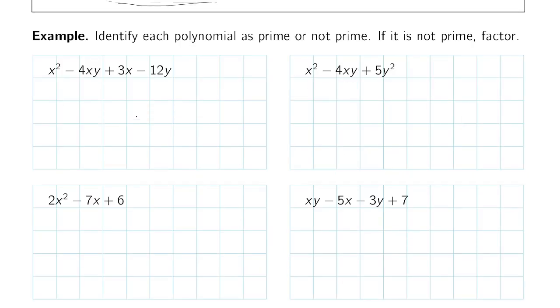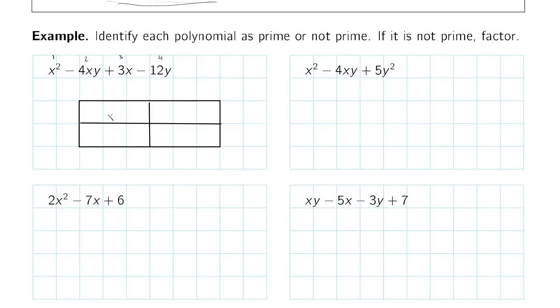So here I have a quadratic with 1, 2, 3, 4 terms. To factor it, I'm going to try grouping. So I'm going to set up a rectangle here. I'll have an x squared minus 4xy plus 3x minus 12y.